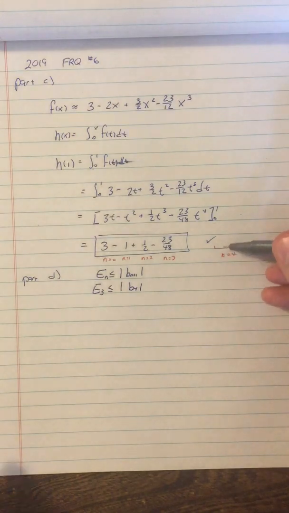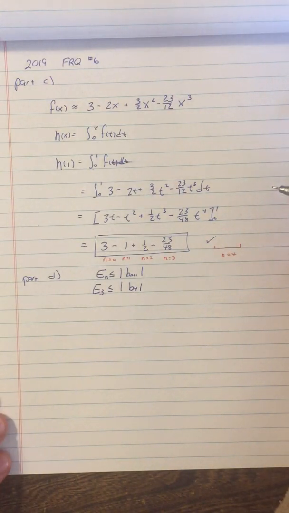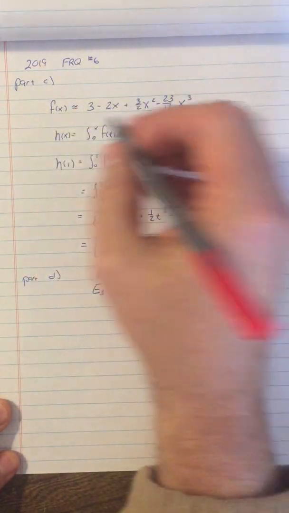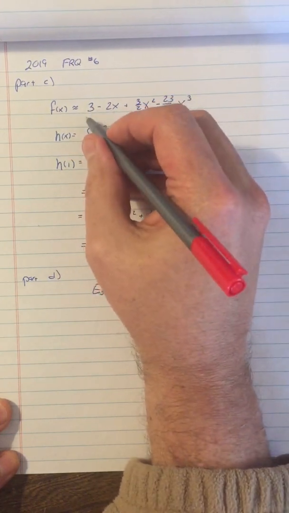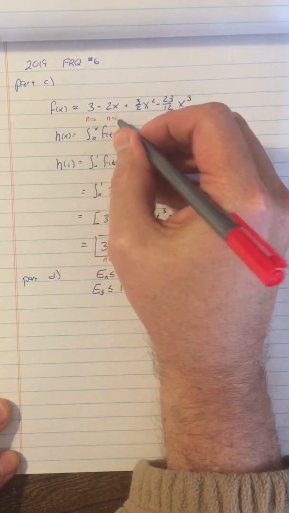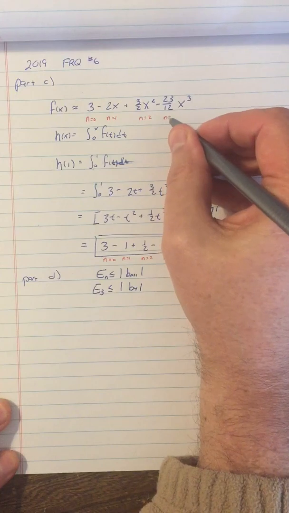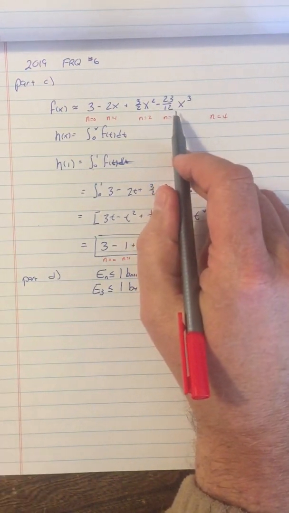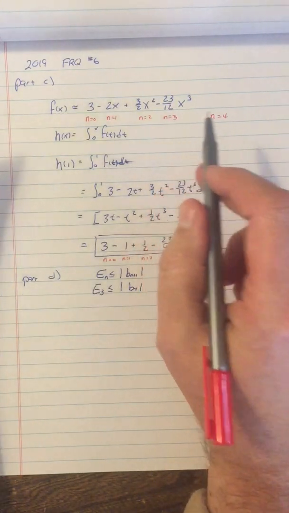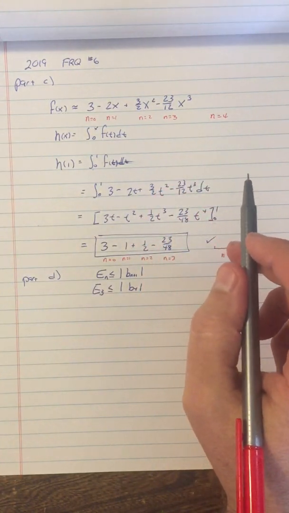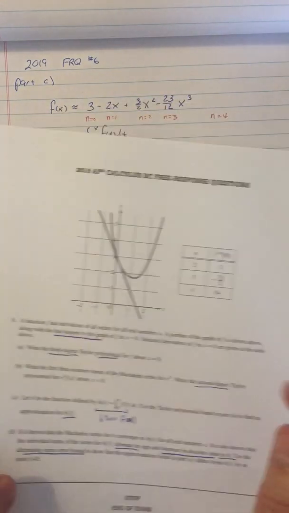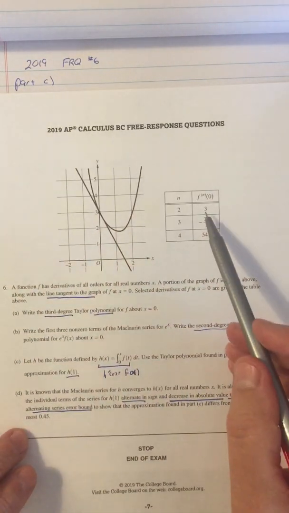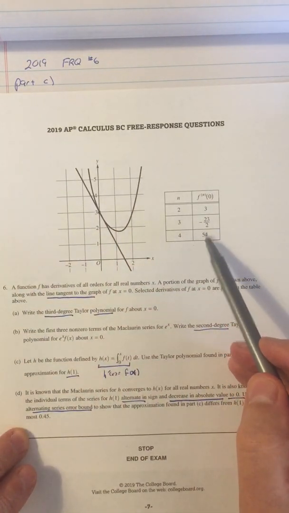In order to do that, we need to backtrack and ask, where did these things come from? If we go all the way back to the beginning, to what our f of x was, this is your n equals 0, n equals 1, n equals 2, n equals 3. If I want n equals 4, I need the next derivative, because remember these numbers, 3 halves x squared and all those, they came from these numbers here.